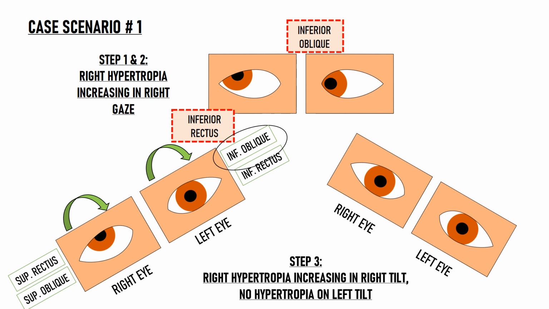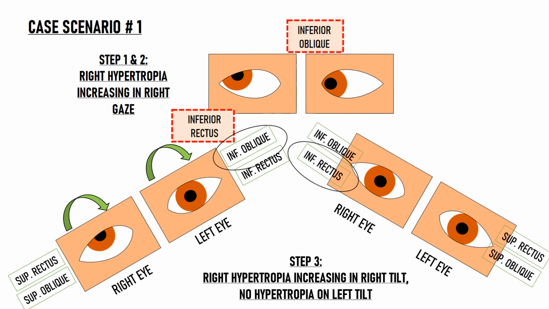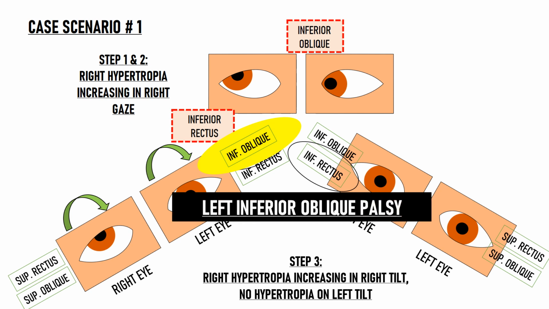In fact, right eye inferior rectus will get activated in left head tilt, and as we can see, there is no vertical misalignment in left head tilt. Therefore, we can easily eliminate right eye inferior rectus from this equation, and we are left with only one muscle, which is left eye inferior oblique, and so our patient has a left eye inferior oblique palsy.